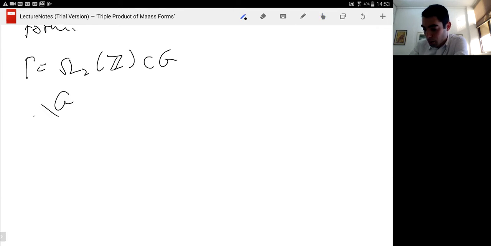It has one cusp. The behavior in this cusp, while we wanted to have it moderate, we can produce interesting examples of Maass forms on this space called Eisenstein series.